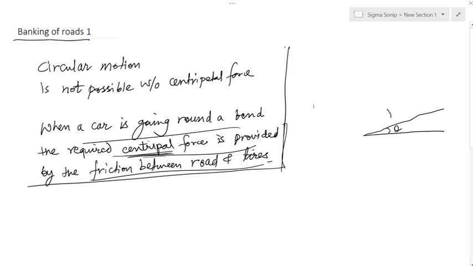If you look from here, it's a cross section. This is my car, and these are the car's wheels. We are outside looking at the back of the car, and we see that there are two wheels here. Now this road has been banked.